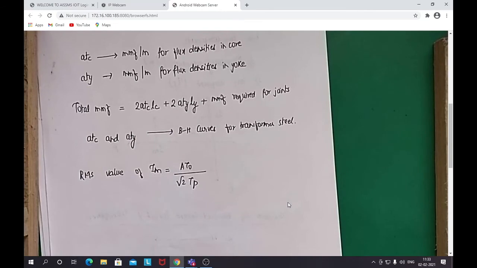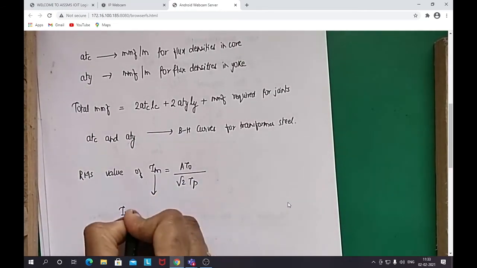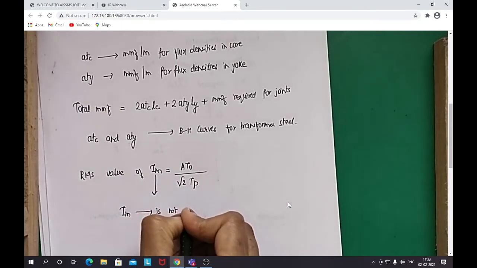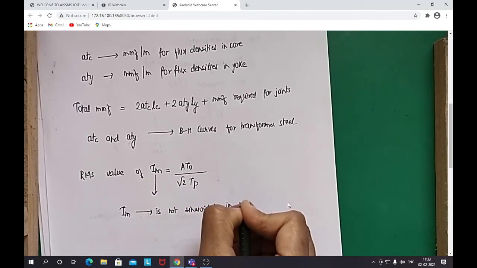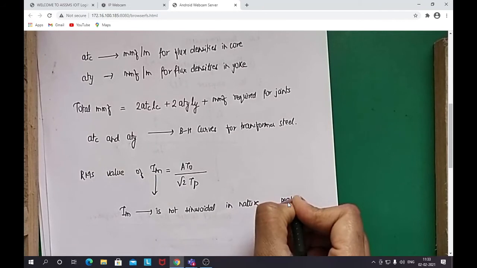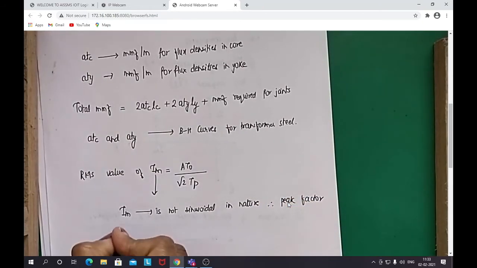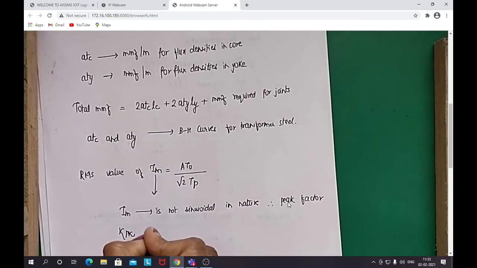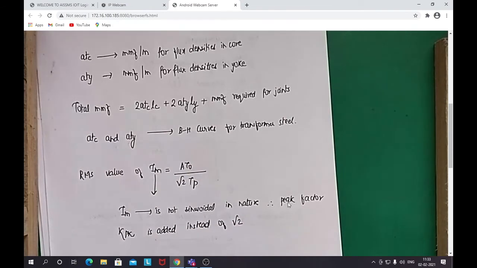But this current Im is not sinusoidal in nature, and therefore the peak factor, which is denoted by Kpk, is used instead of the constant root 2.